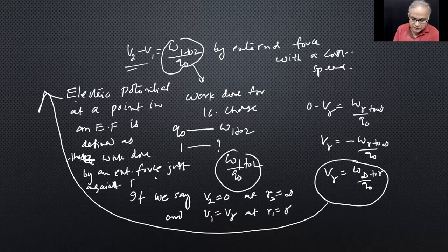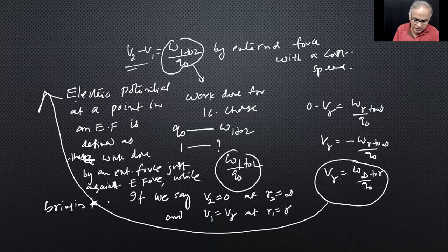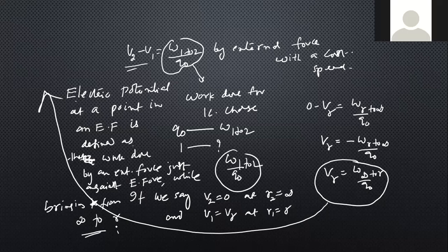Electric force. Defined as the work done by an external force just against electric force while bringing it from infinity to a point, the point represented by R. So that is the definition.